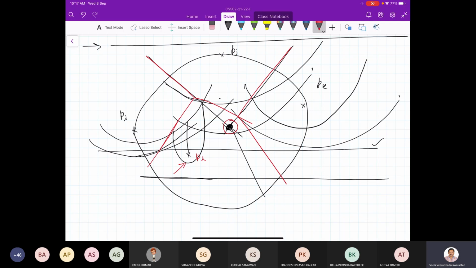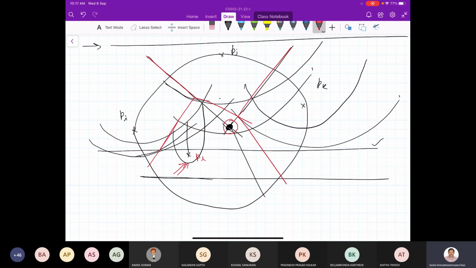How to identify these false alarms? See, if you look at this one, because the parabola corresponding to PL is coming onto the picture, PI, PJ, PK are no longer three consecutive parabolas. So there is no circle event corresponding to these three.